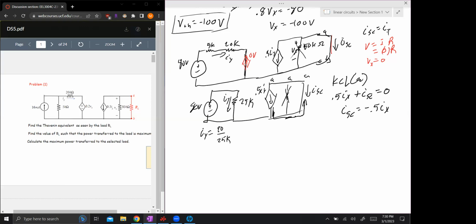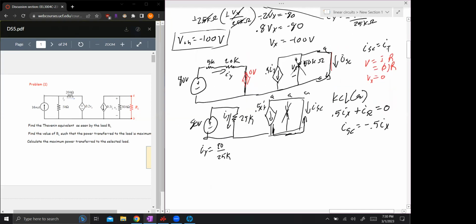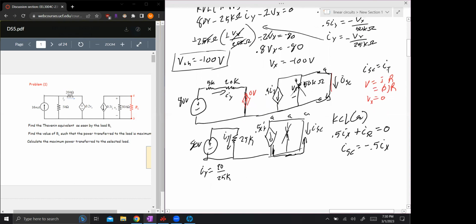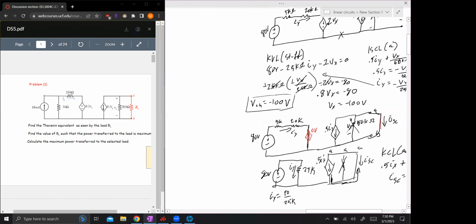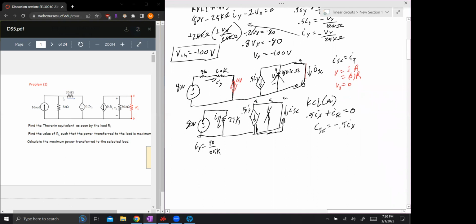Negative 80 over 25K? Wait, negative? Down there, I don't think that would be the case. I think it would just be positive 80 on that one.